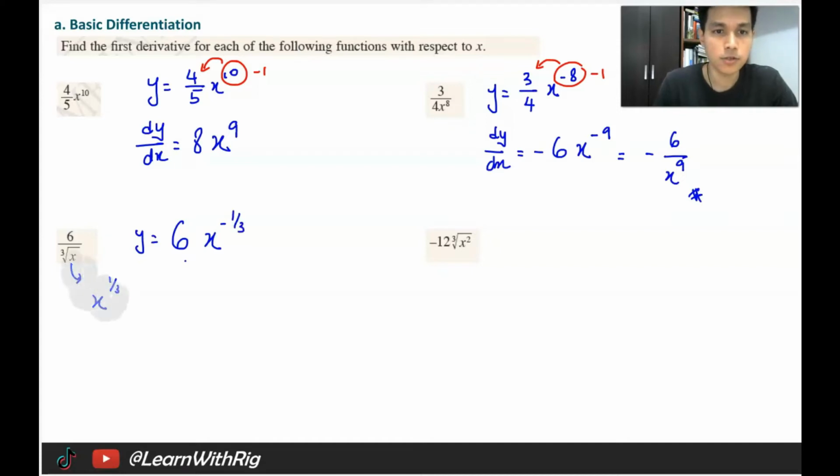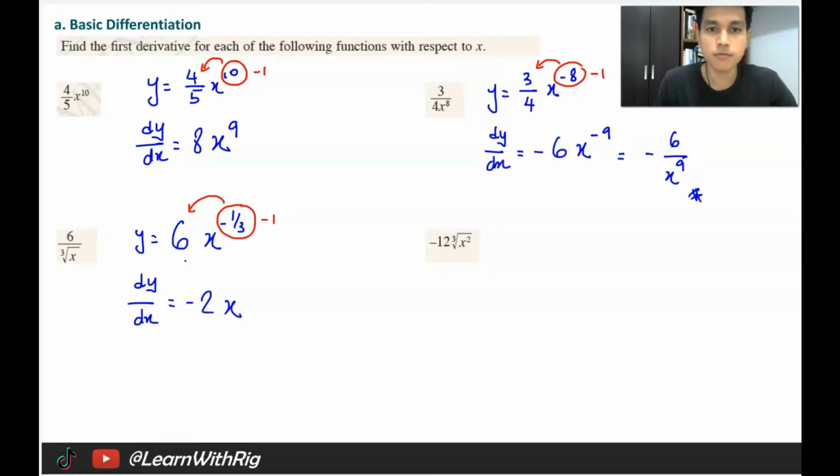Once you got this, you can differentiate as per usual. This one times the front number here, then minus 1. So dy/dx equals negative 2x. Negative 1 over 3 minus 1, you get negative 4 over 3.